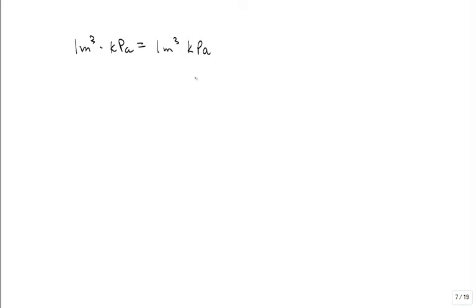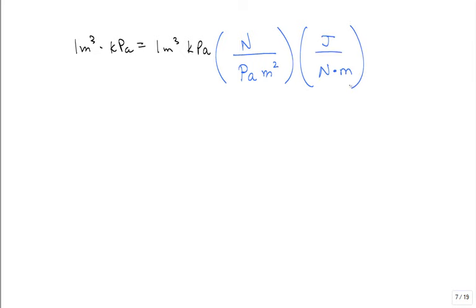All right. And then you multiply by a unit conversion. I recall that a pascal is precisely a Newton per meter squared. Is that correct? Did I just multiply that equation on the right-hand side by 1? Yes, I did. And then we say a joule is a Newton times a meter. True or false?